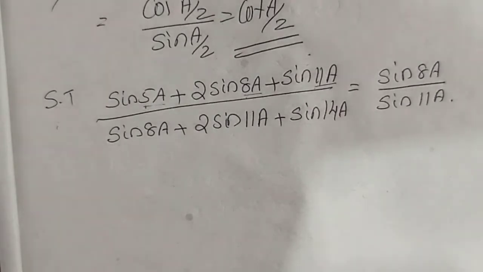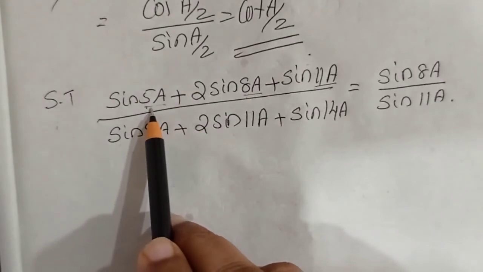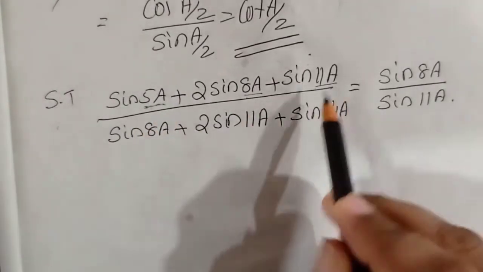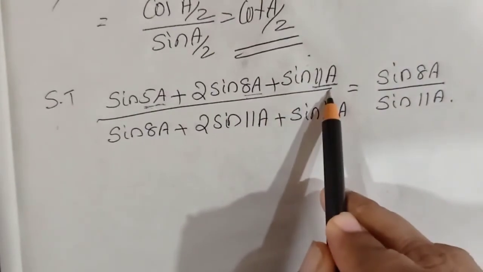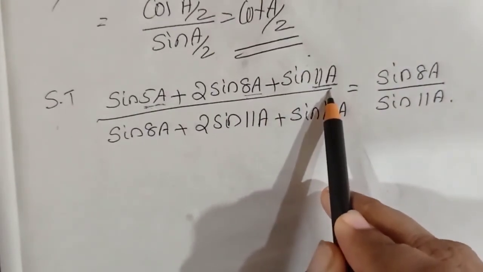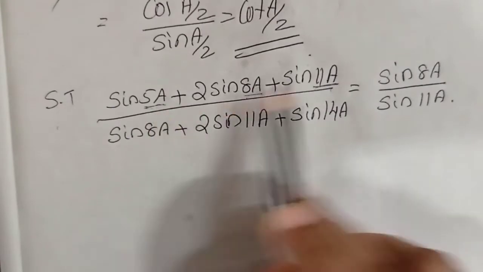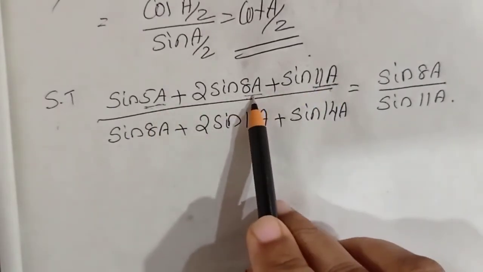Actually, when we apply this sum or difference formula, the answer contains C plus D by 2, or C minus D by 2. When you add these 2 terms, 5A and the last 11A, what is 5A plus 11A? Yes, 16A by 2, you will get 8A.